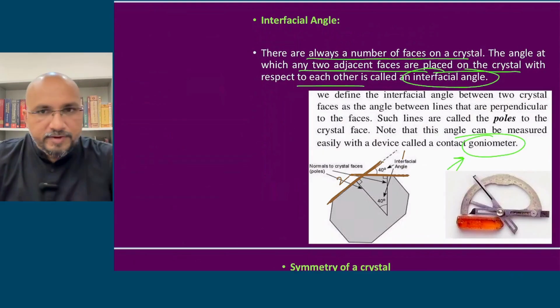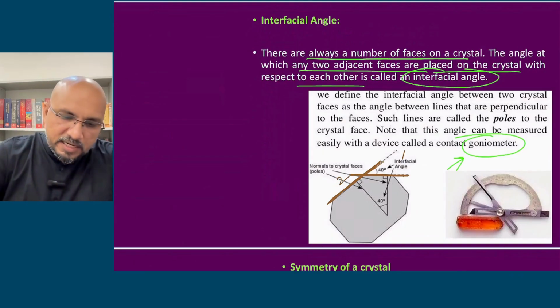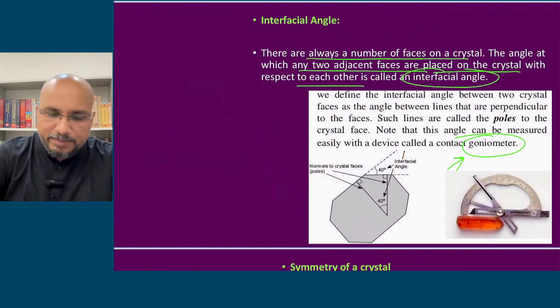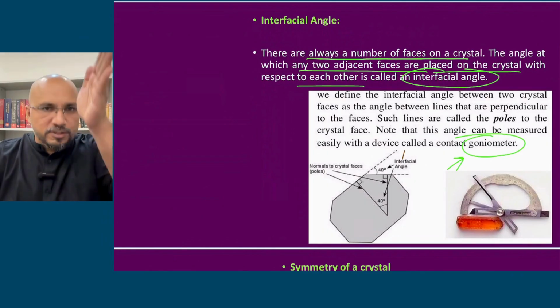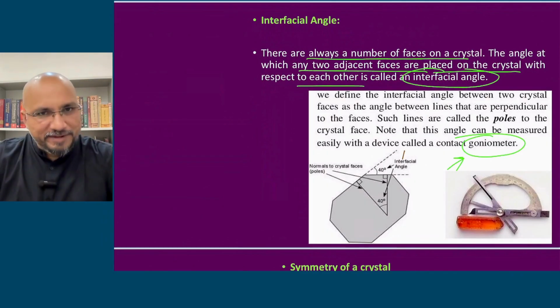Now we are trying to find out the angle between the two faces. The way we do that is we draw the pole to the faces. हम लोग directly measure नहीं करते हैं. What we do is we draw the pole to the faces. Pole is normal, or 90 degrees, to the face.